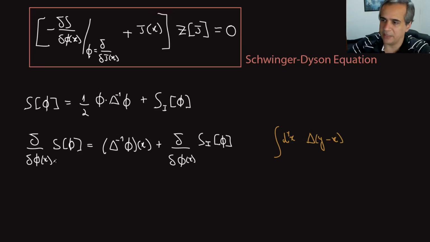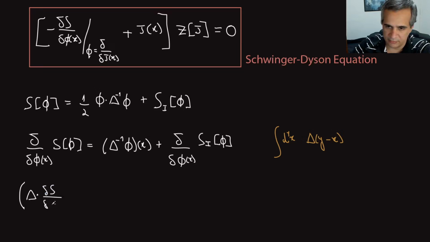This side just becomes delta S over delta phi, which is a function of y, now that x is integrated over.